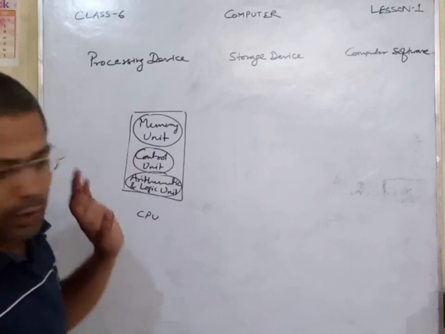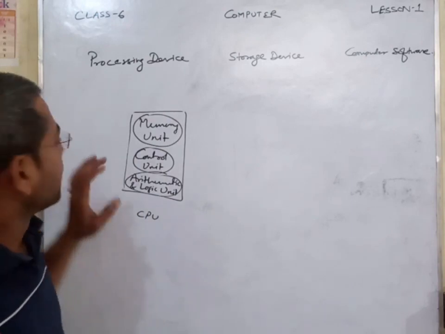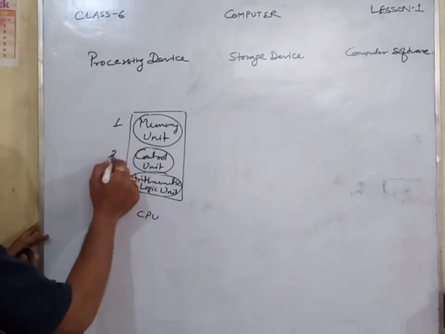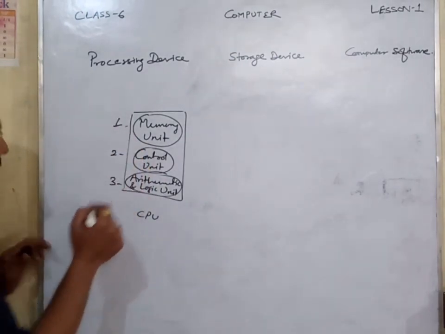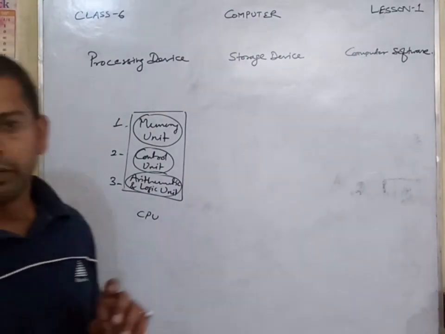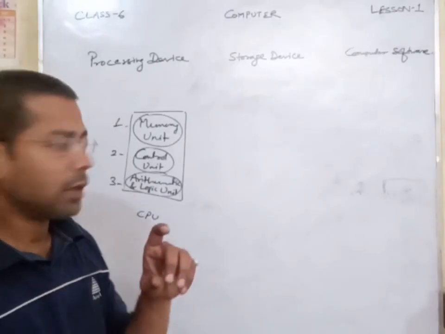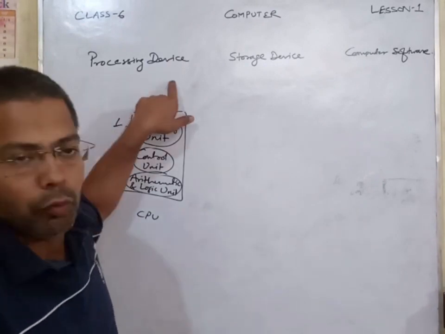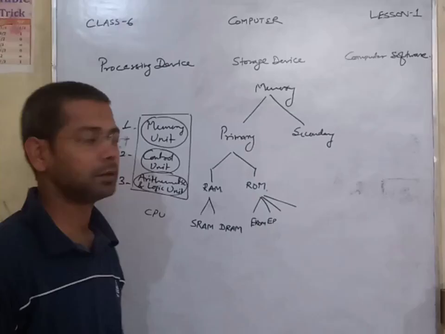This total is called the processing device, and it is divided into three parts: memory unit, control unit and arithmetic and logic unit. This is the functioning of the different units, how the device processes.